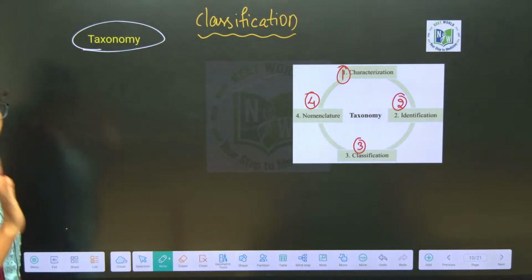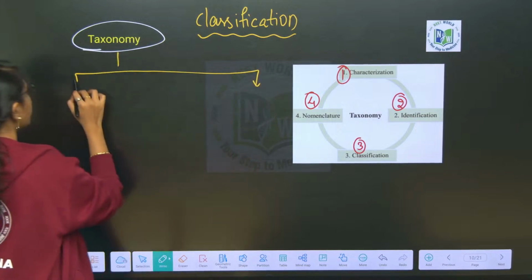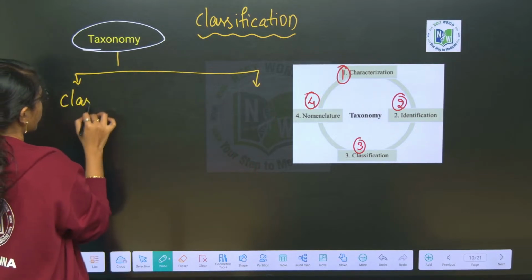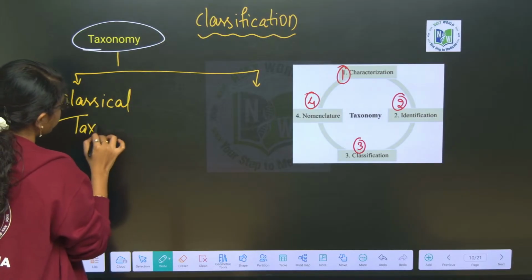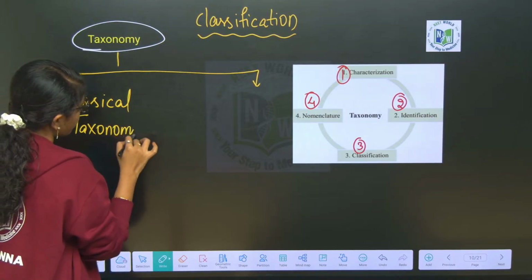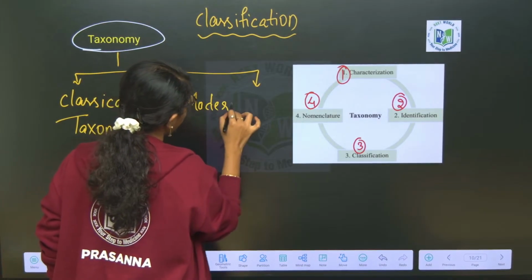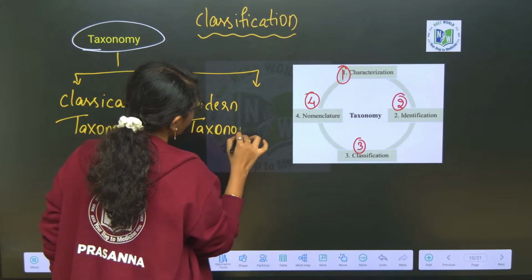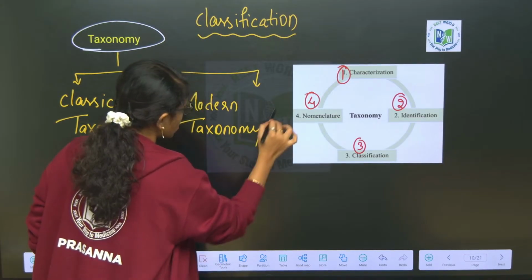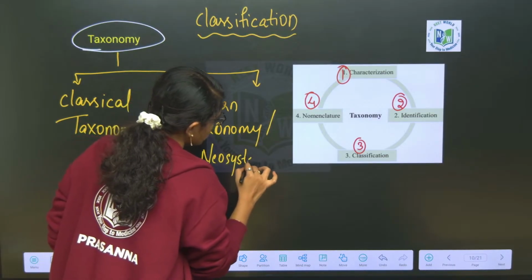We have 2 types of taxonomy: classical taxonomy and modern taxonomy. Modern taxonomy is also called neo-systematics.